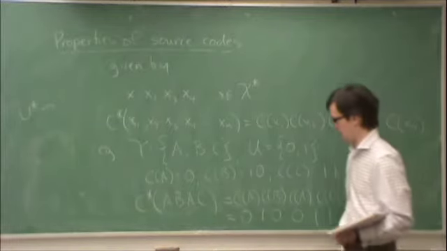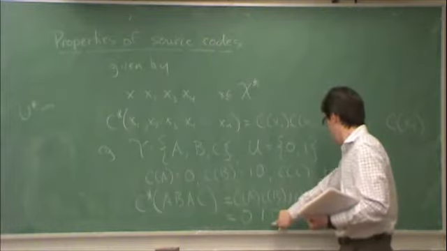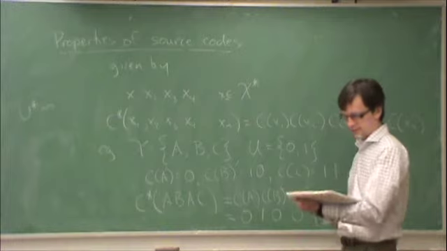So we've mapped something in x star, some finite sequence of x, into some finite sequence of u. That's just an extended code.